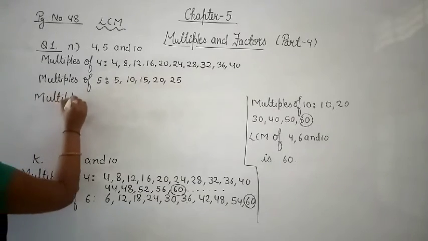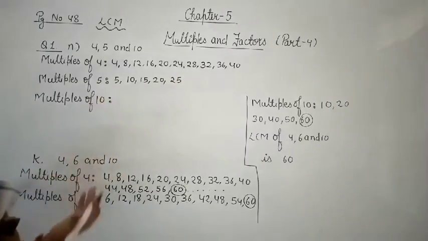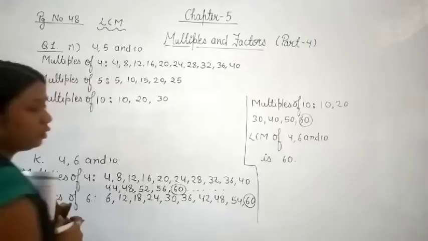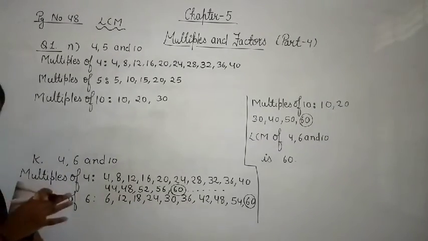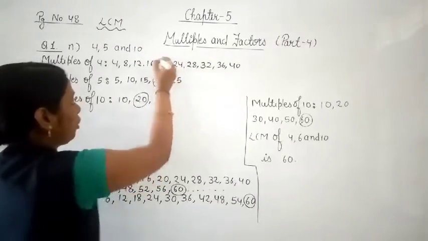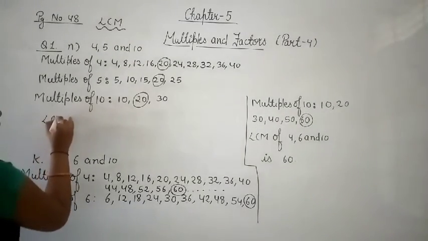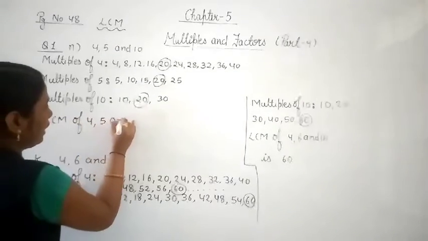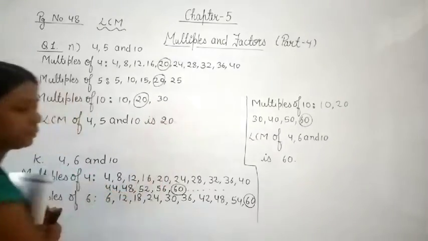Multiples of 10 are 10, 20, 30. Do I need to write more multiples? No, I will stop here because I have got my very first common multiple, and that is 20. So the LCM of 4, 5 and 10 is 20.